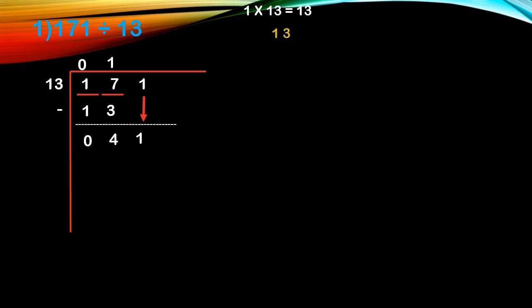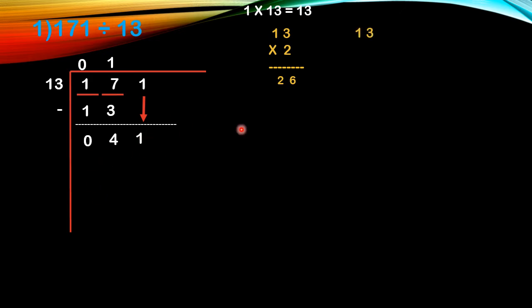For that we have to multiply 13 by 2, because we don't know the 13 table, isn't it? So we have to follow this method. 2 3s are 6, 2 1s are 2. So 26. 26 is less than 41.